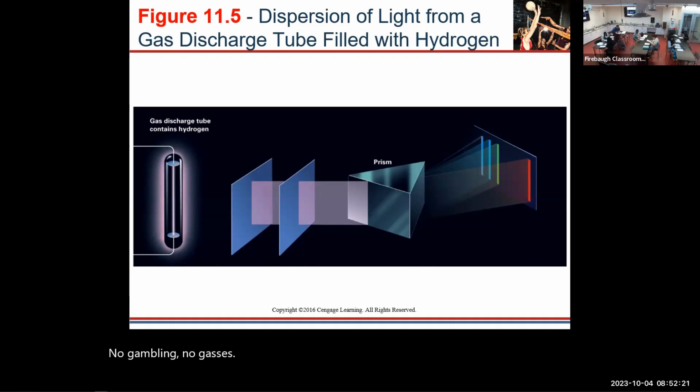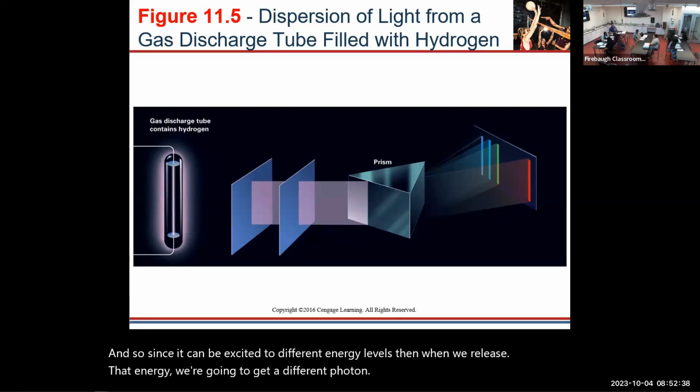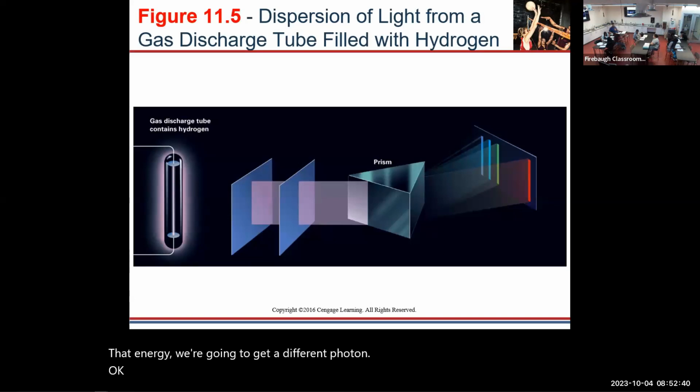Okay, so let me tell you why. The electron can be excited to different energy levels, right? And since it can be excited to different energy levels, when we release that energy, we're going to get a different photon. So one hydrogen may be excited to one energy level, another one's going to be excited to another energy level.